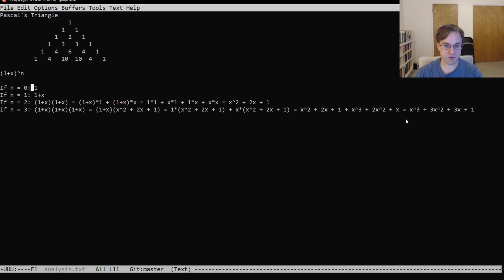In the n equals 0 case here, the coefficient is 1. Here we have the coefficients 1 and 1. Here we have the coefficients 1 and 2 and 1. Here we have the coefficients 1 and 3 and 3 and 1. And again, you'll notice that this matches Pascal's triangle. Here's that same 1, 3, 3, 1 pattern.